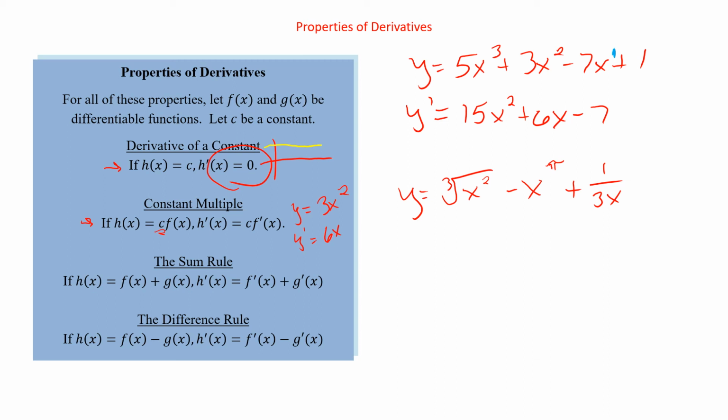The first thing I would do in this case is rewrite stuff so it's x to a power. y equals x to the 2/3 minus x to the pi. That's already a power. And pi is irrational. Who cares? Plus 1/3 x to the negative 1.